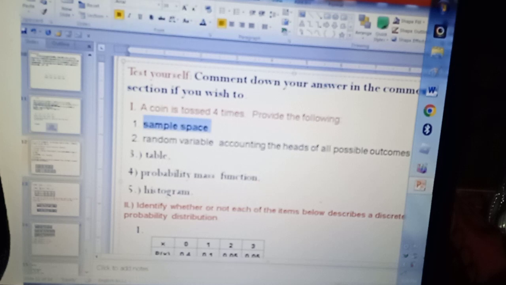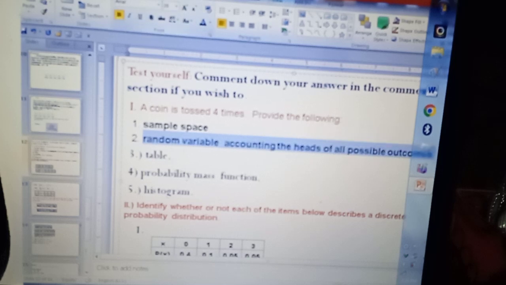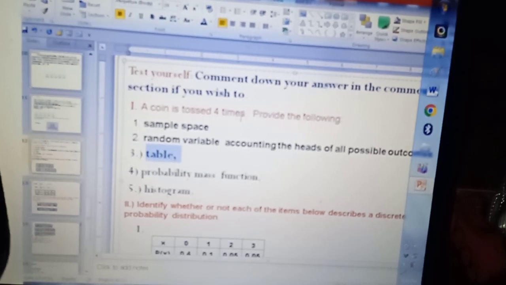No, it's a random variable table. Okay. Testing yourself. No, test yourself.